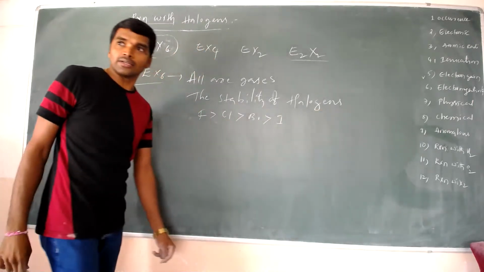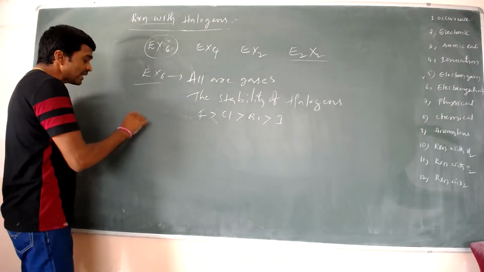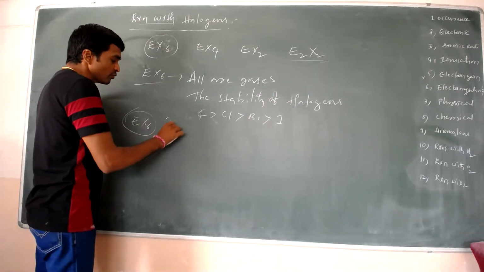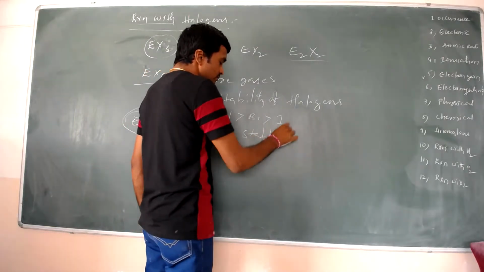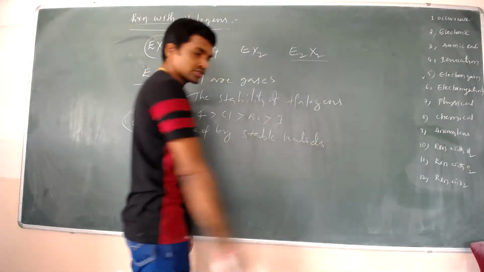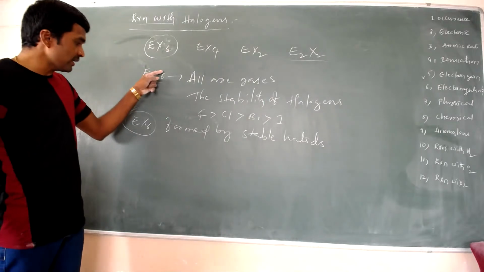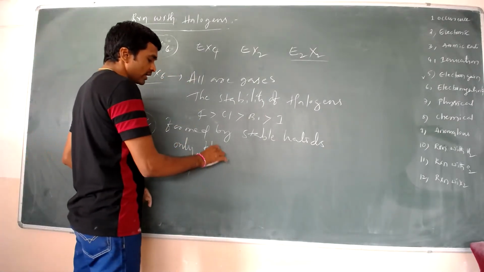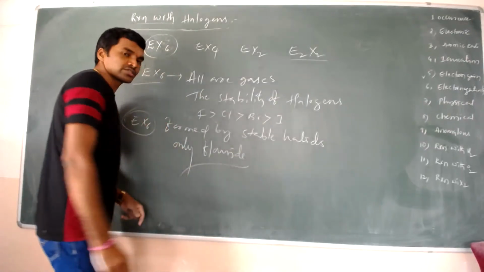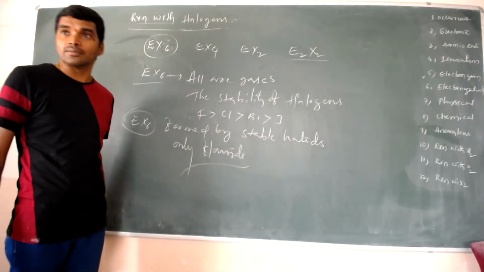And remember, EX6 type is formed by the most stable halides, only fluorides. Fluorides only will be found.